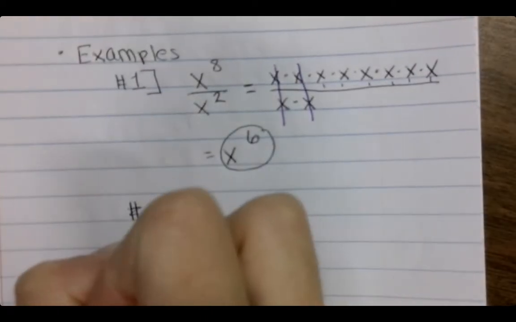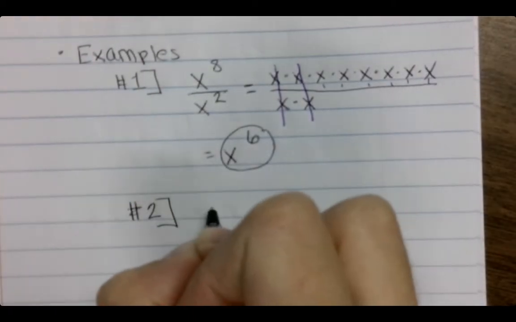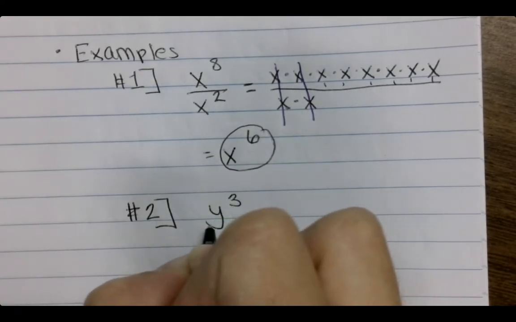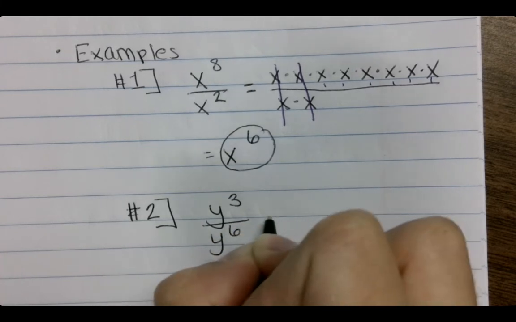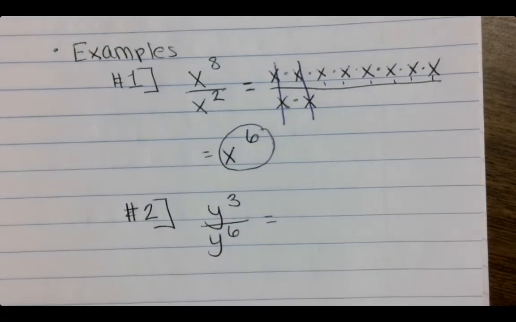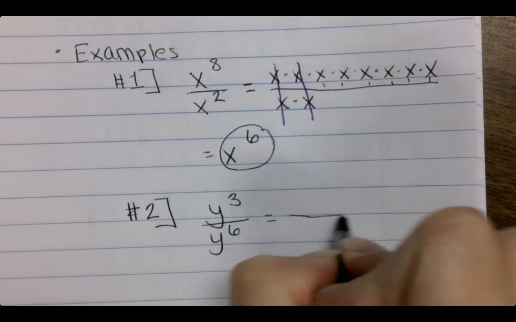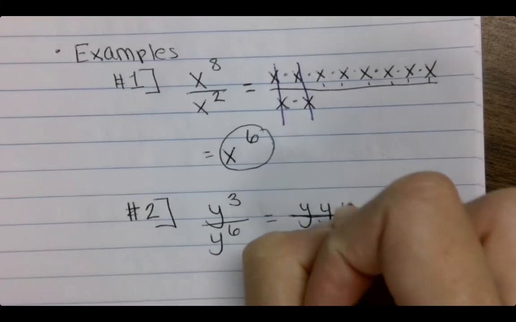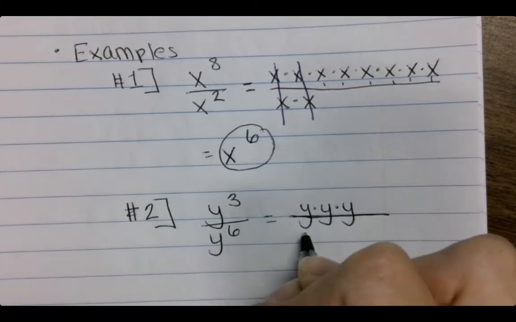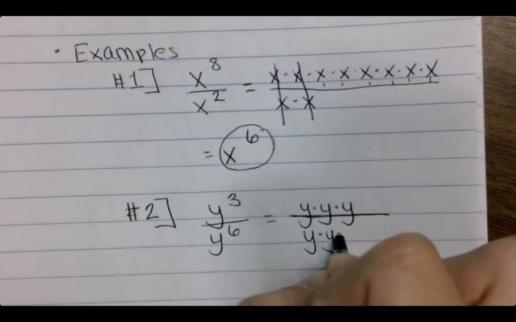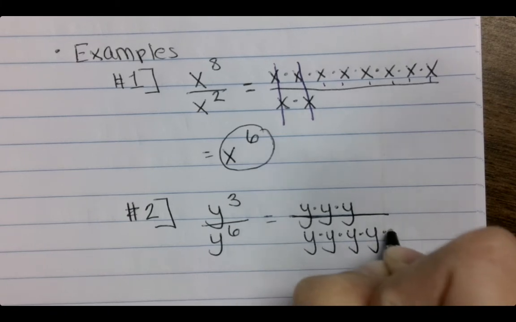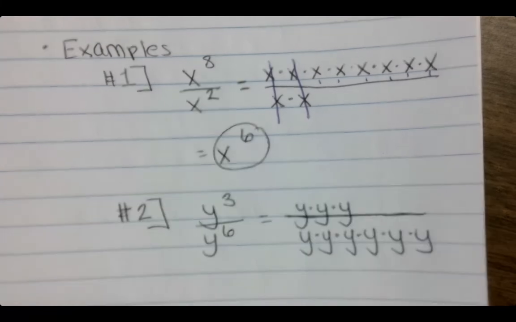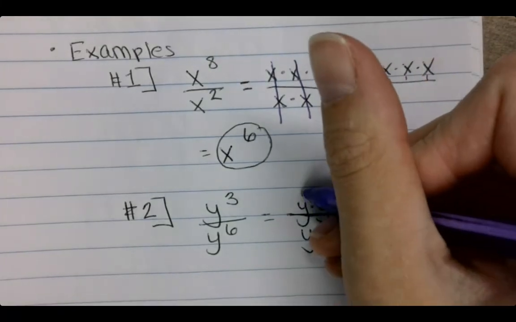So let's try another one. Y to the 3rd over y to the 6th. So again, I'm going to start with my fraction. How many y's would be on top? 1, 2, and 3. How many would be on bottom? 1, 2, 3, 4, 5, and 6. Good. And then same thing that I did before. Cross out where I have them on top and bottom.